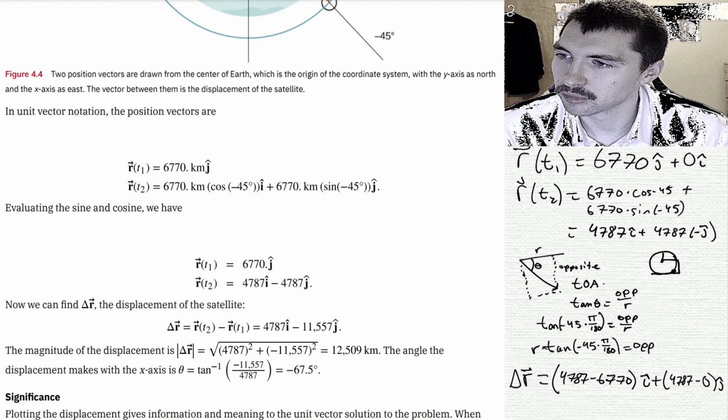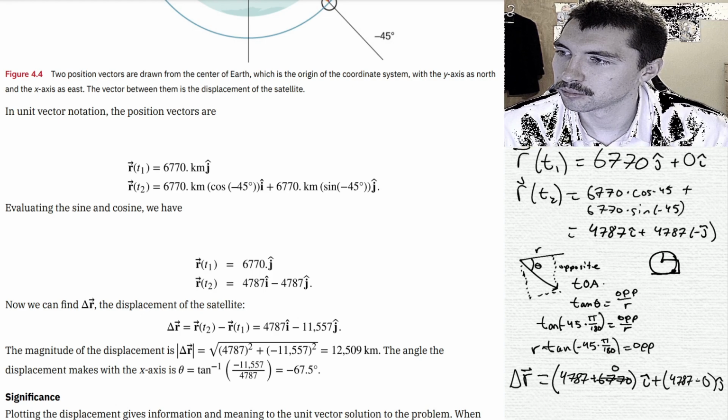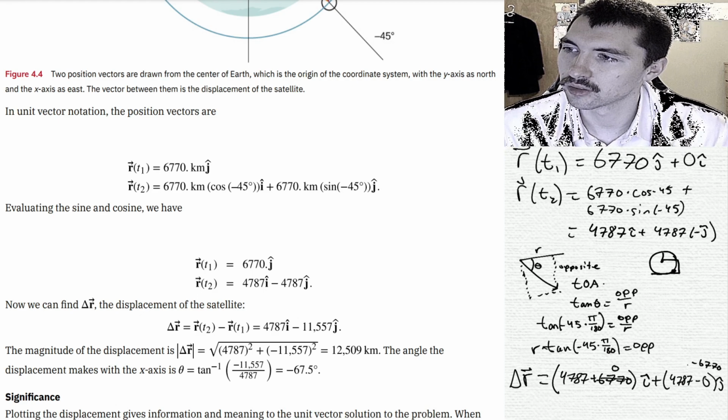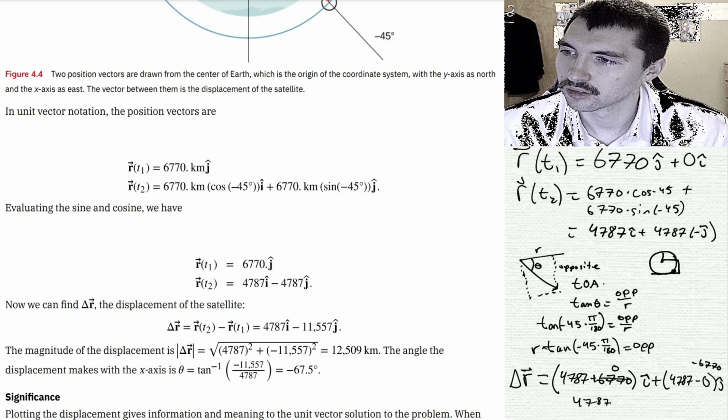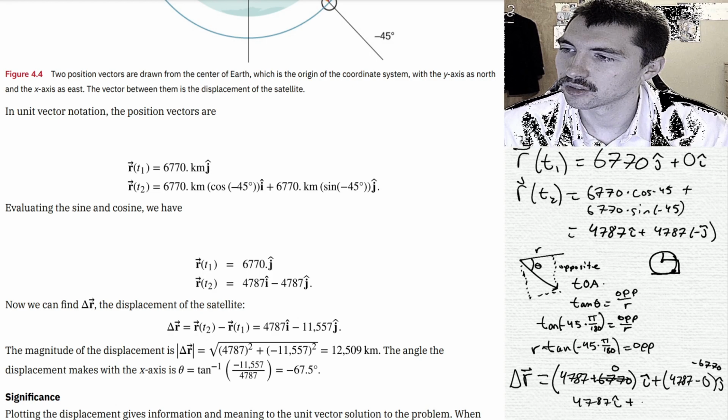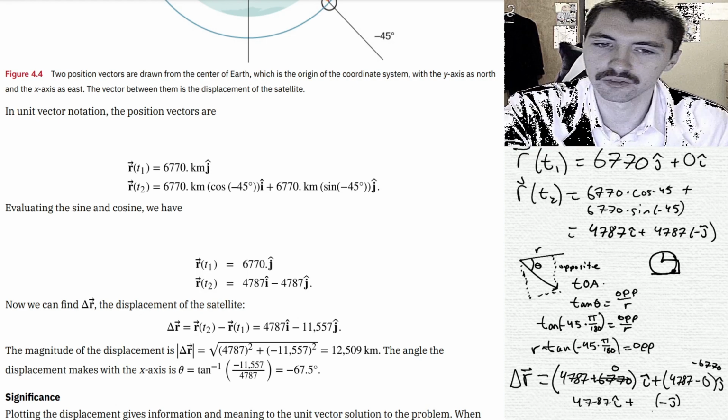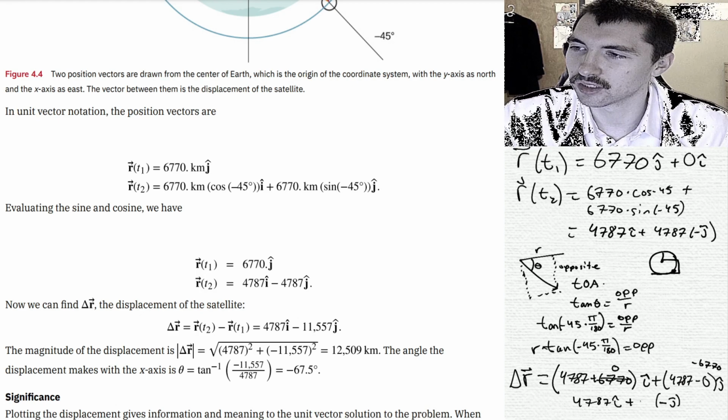So really this should be plus 0, and this should be minus 6770. So we should get 4787 I plus, it's going to be a negative number, so it's going to be negative J, some number times negative J. Remember, you can freely pull out the negative signs.